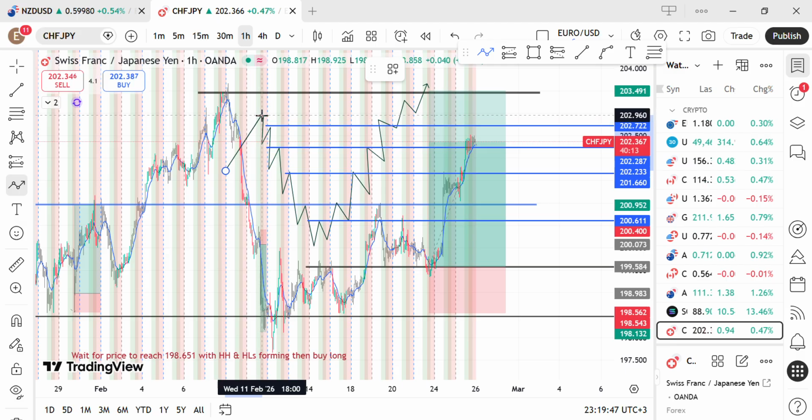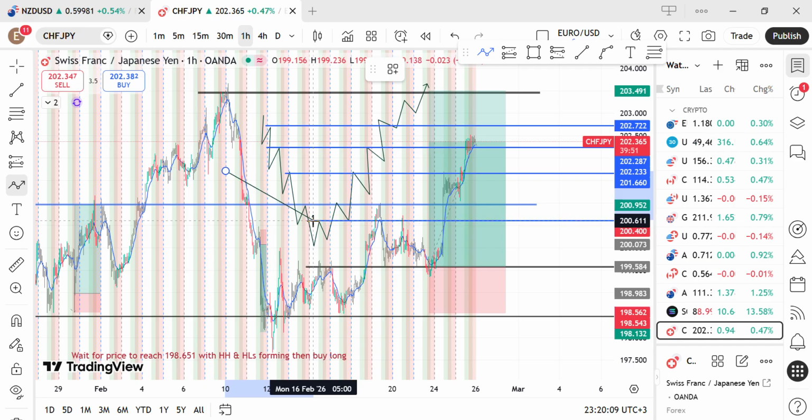Downtrend consists of a high, lower low. Lower high, lower than this high, lower low, lower than this low. Lower high, lower low, lower high, lower low, lower high, lower low, lower high, higher low, higher low, higher high.